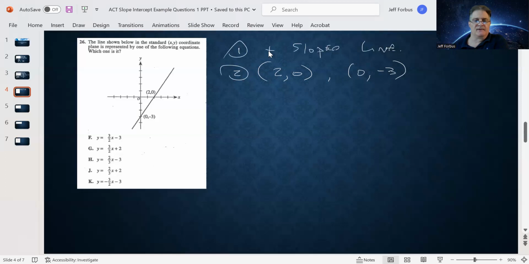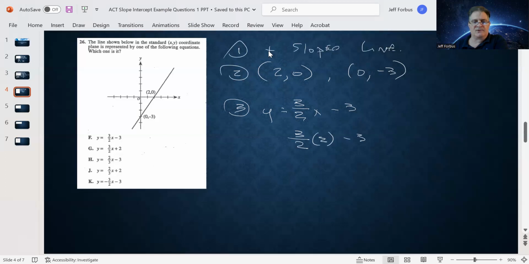Start with F. If we start with F, it says y is equal to 3/2 x minus 3. Well, when x is now 2, 3/2 times 2 minus 3.